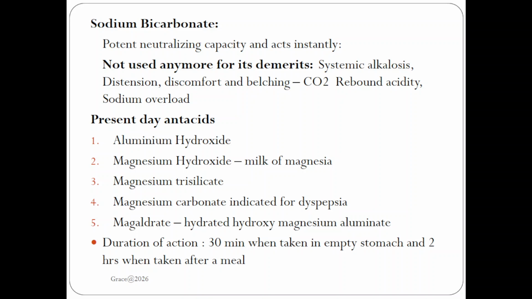Magnesium carbonate is indicated for dyspepsia, and the duration of action of these drugs is 30 minutes when you give a patient, and most of them you can chew, like magnesium trisilicate. Sometimes when you leave it within reach of children, you may find they have eaten it all. Why? Because it is sweet.